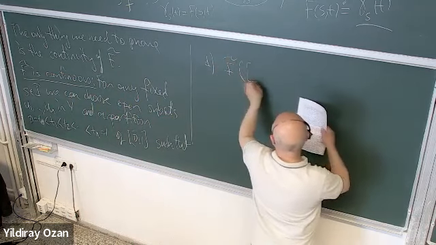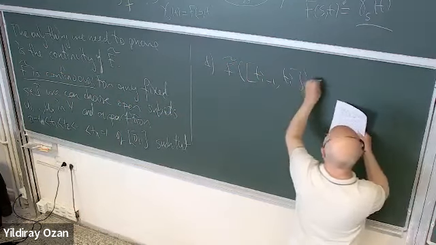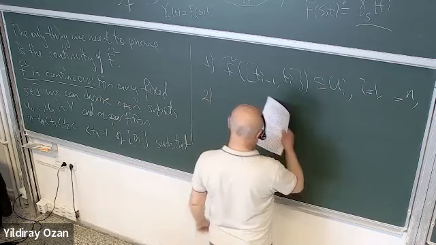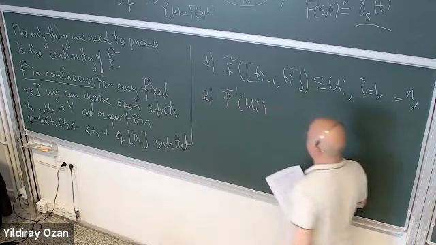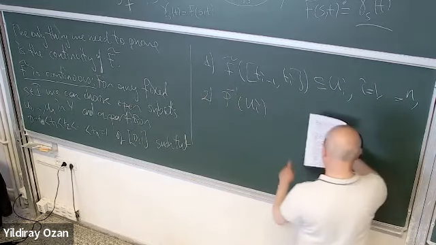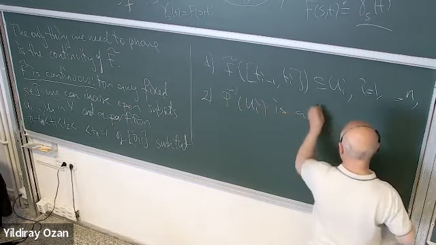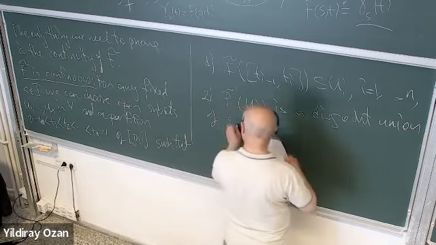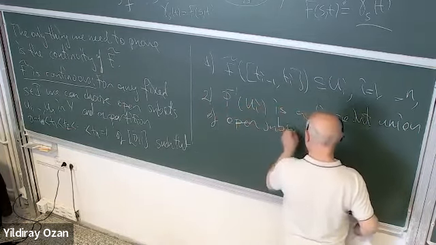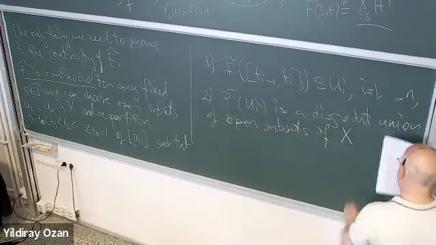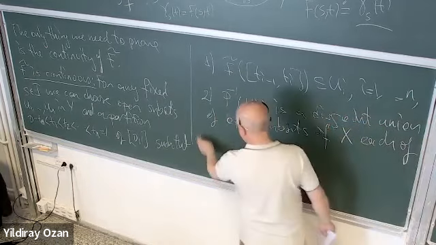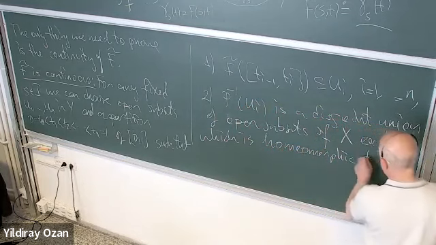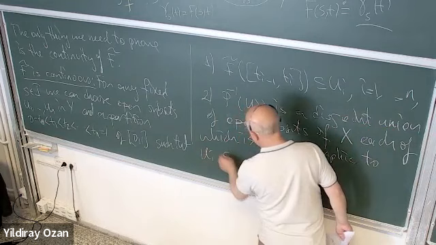First, F tilde of the interval [t_{i-1}, t_i] is mapped into U_i, i from 1 up to n, and each U_i is an open set for the covering, so that its inverse image is a disjoint union of open subsets of X, each of which is homeomorphic to U_i via p.